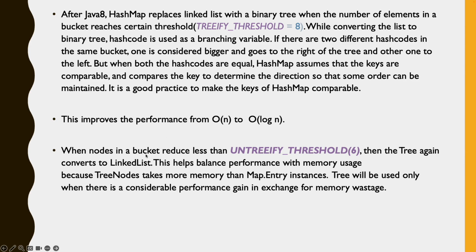When the nodes in the bucket reduce to less than the untreeify threshold, which is 6, the tree again converts to the linked list. This helps to balance the performance with the memory usage. Why? Because tree nodes take more memory than Map.Entry instances. A tree will be used only when there is a considerable performance gain in exchange for memory wastage.